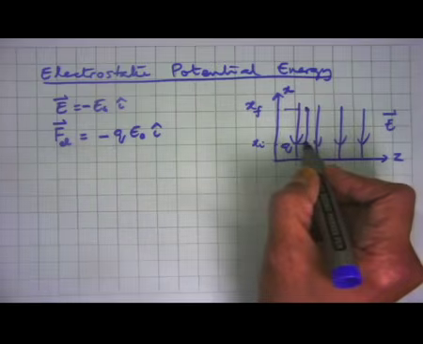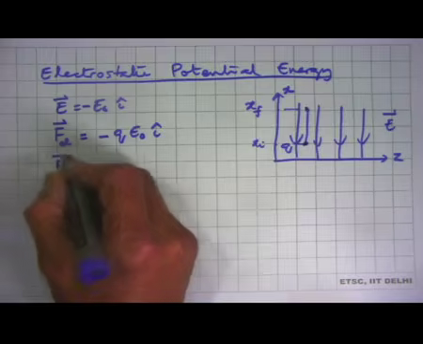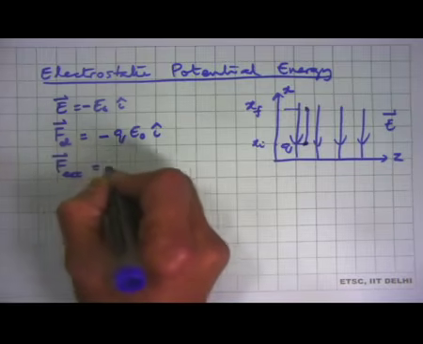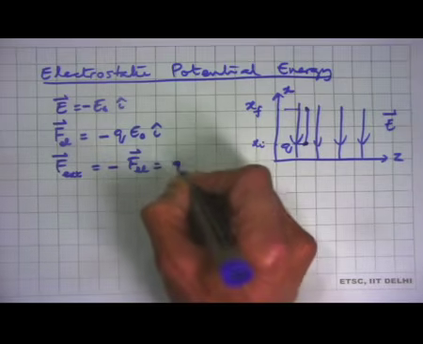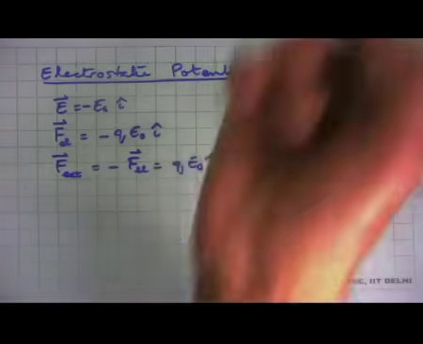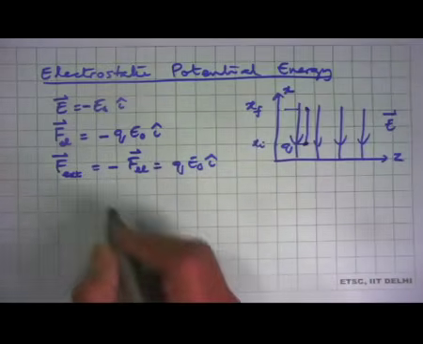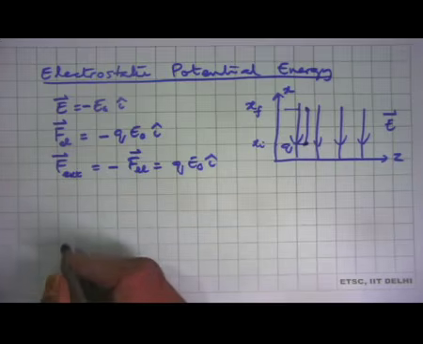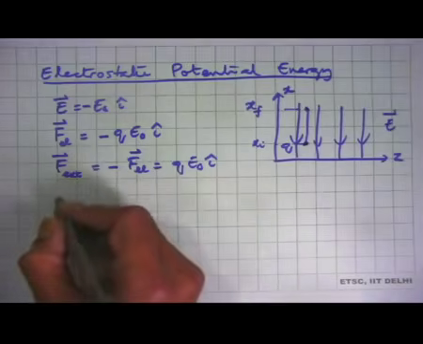To move the charge from xi to xf, I need to apply an external force which is the negative of this, which is minus F electric, which is equal to q E naught i cap. So, I have to apply a force in the upward direction here to move the charge. So, that is the force that I have to apply externally, and what is the distance I must move?